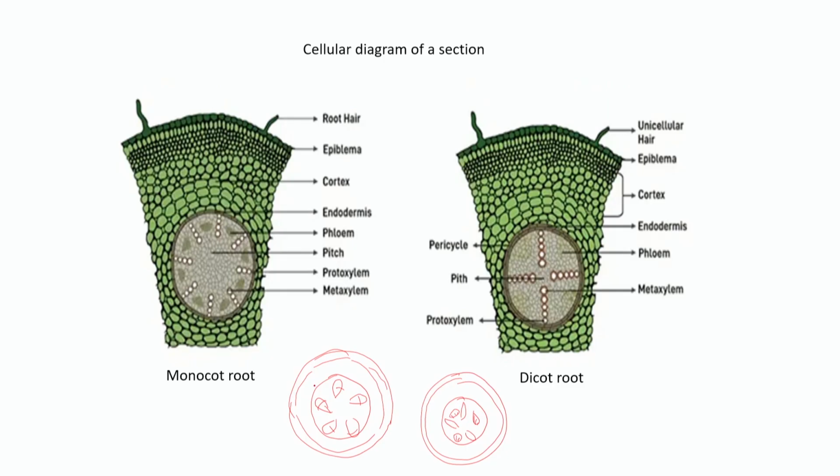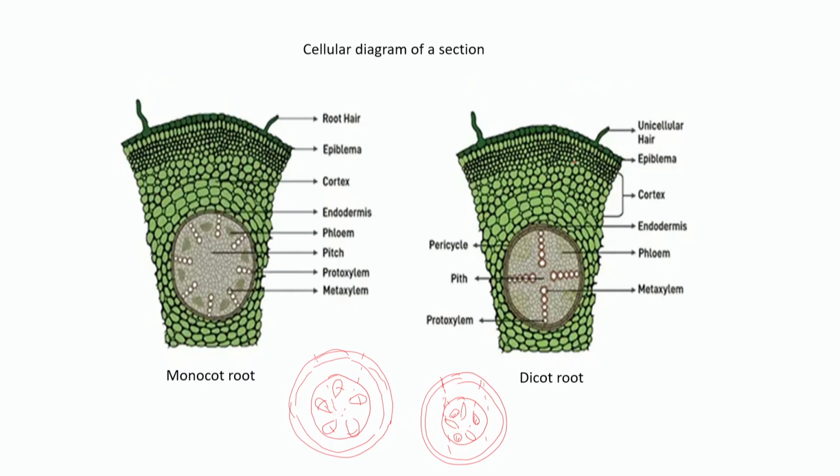So when we draw the line cellular diagram, we take a portion of this entire circular structure and then make a line diagram. Now in case of root, since we cannot show the entire arrangement of vascular bundles otherwise, we take a section covering the epidermis and cortex and then covering the entire stele.